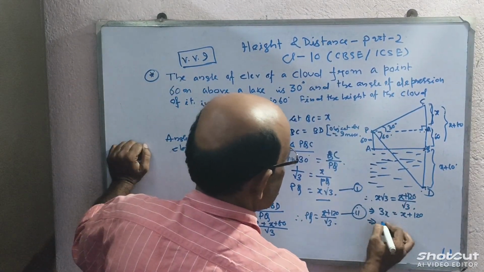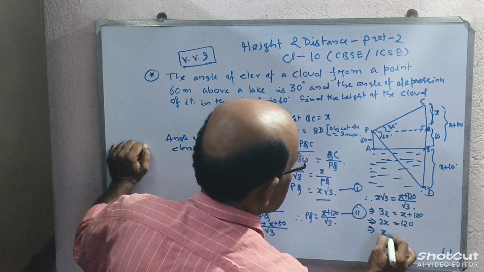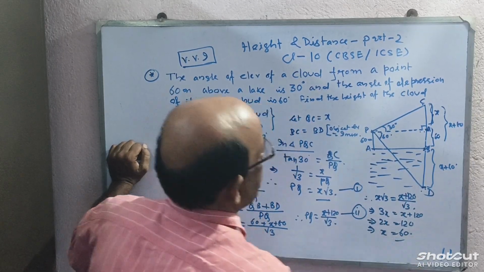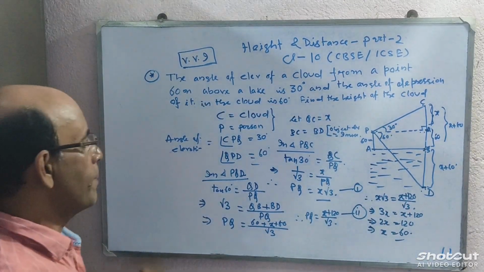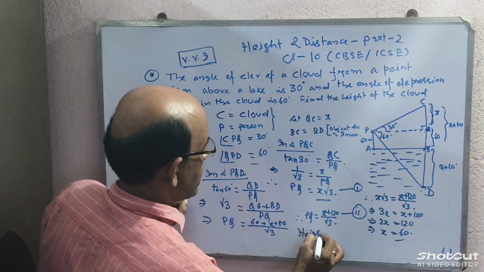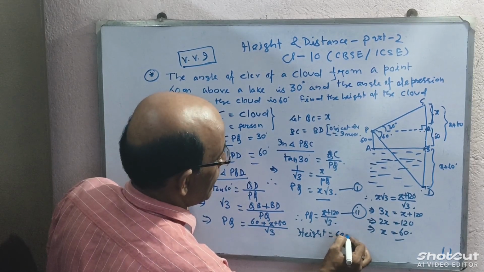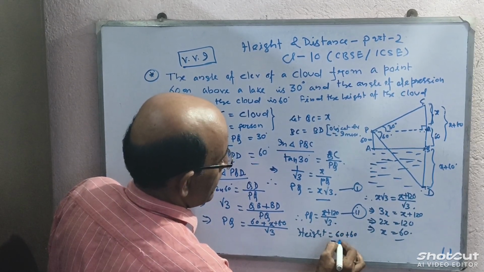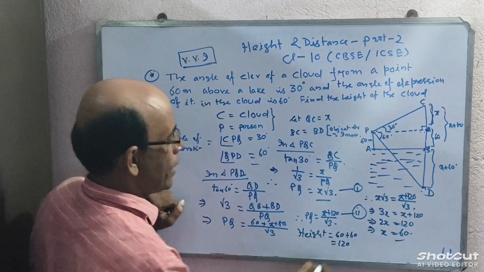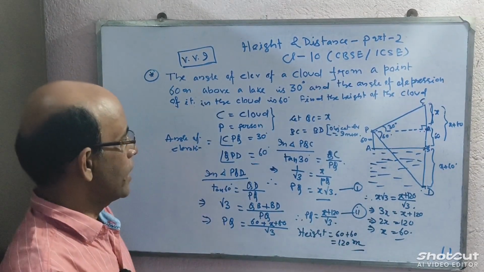Therefore, 2x is equal to 120. Therefore, x is equal to 60. But this is not the height of the cloud. Height of the cloud is equal to x plus 60. That means 60 plus 60 is equal to 120 meter. This is the actual answer of this sum.